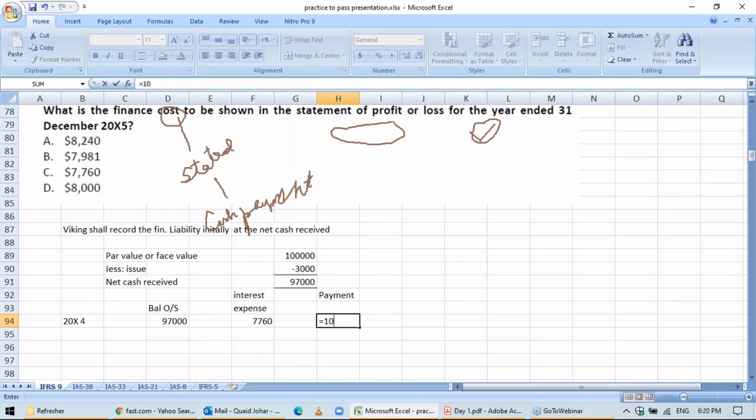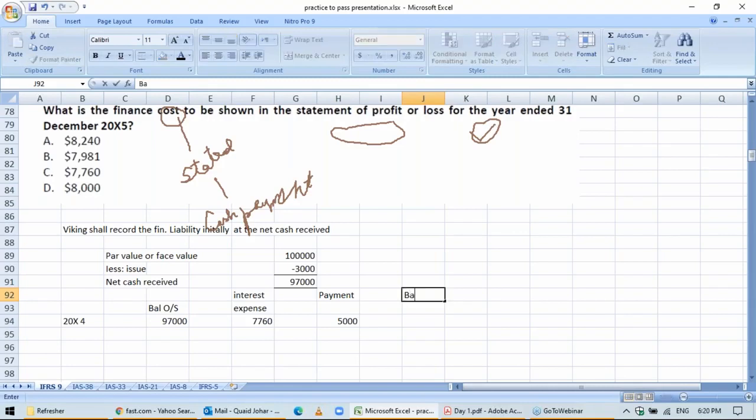So the face value of the bond is 100,000, and the stated rate will be multiplied with the face value to arrive at the amount that will be paid by Viking during 2004. So let's multiply the 5% rate with 100,000 to arrive at 5,000. This is what is being paid by Viking during the year.